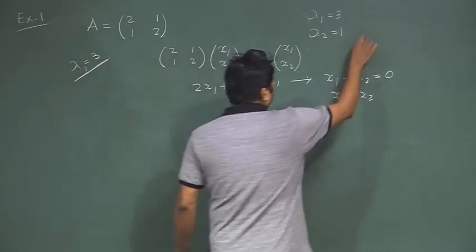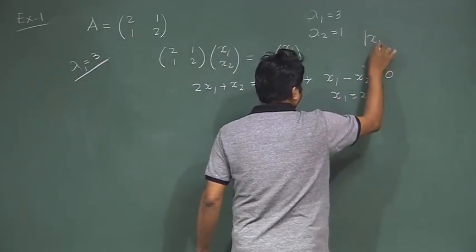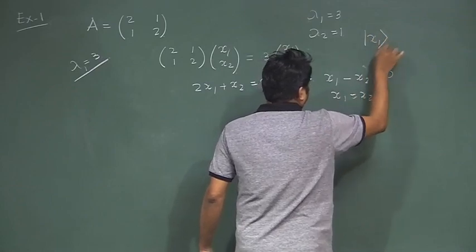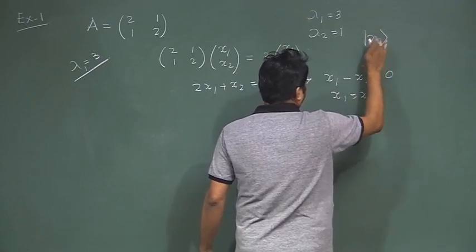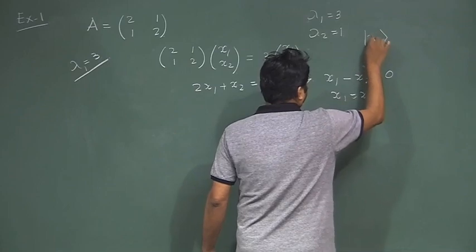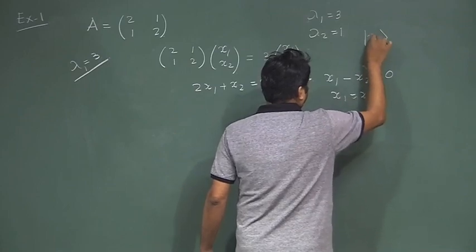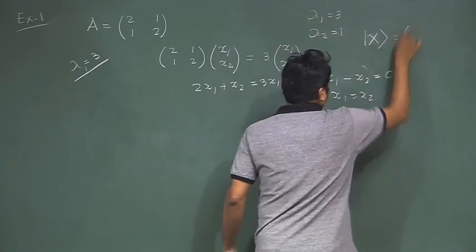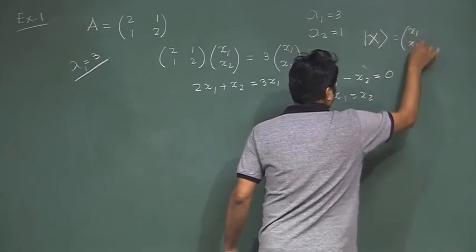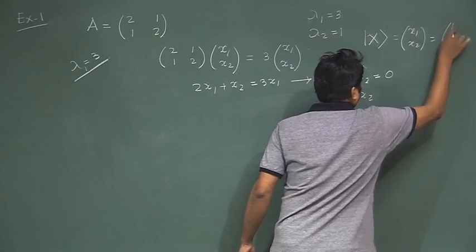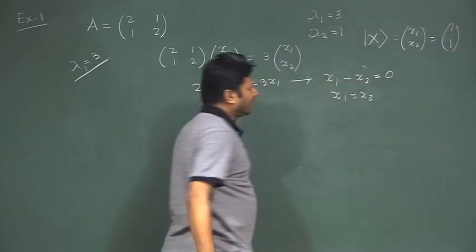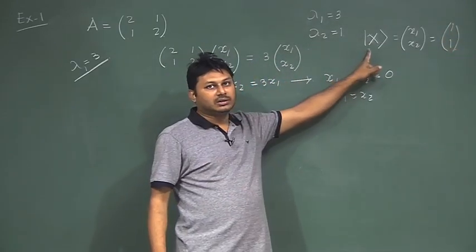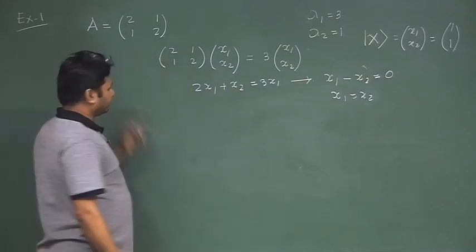I write my first eigenvector as a big X, whose components are x1 and x2, and the eigenvector is 1 1. I find this for the eigenvalue 3.